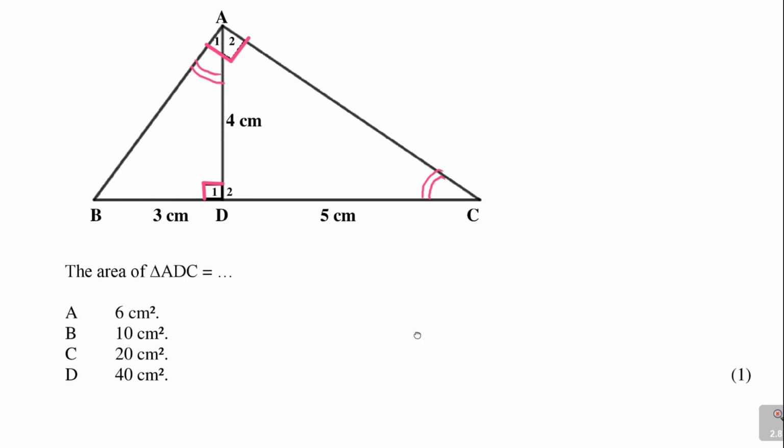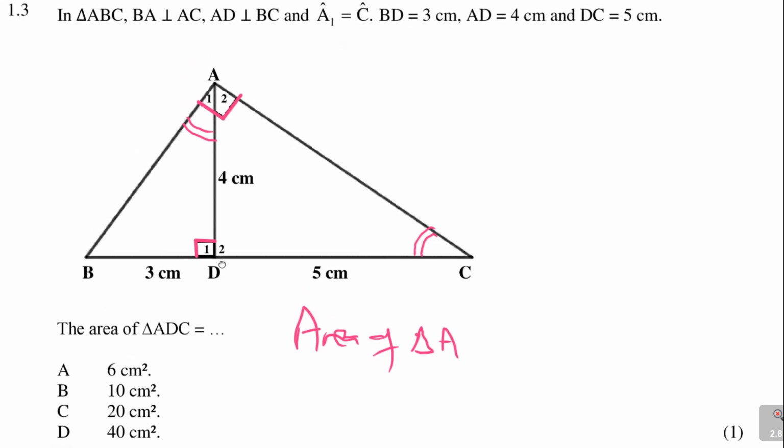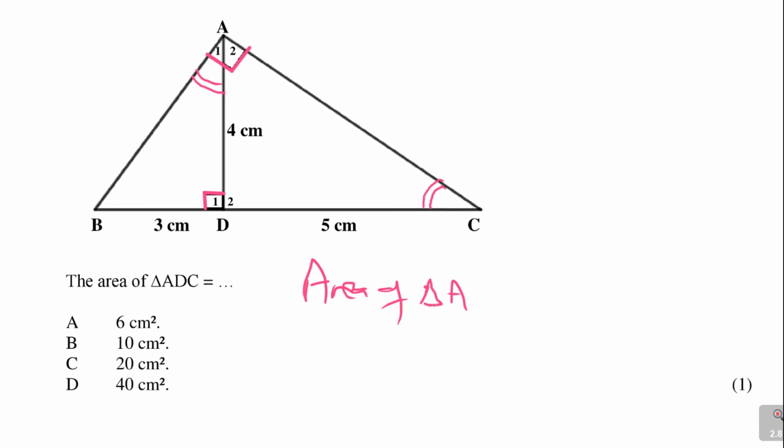Now the area of triangle ADC. Now you know what is the formula for the area of a triangle. Area of triangle ADC, we say it's half times base times height.